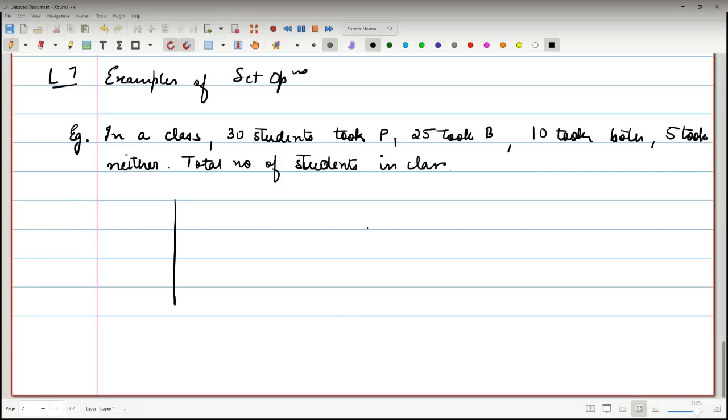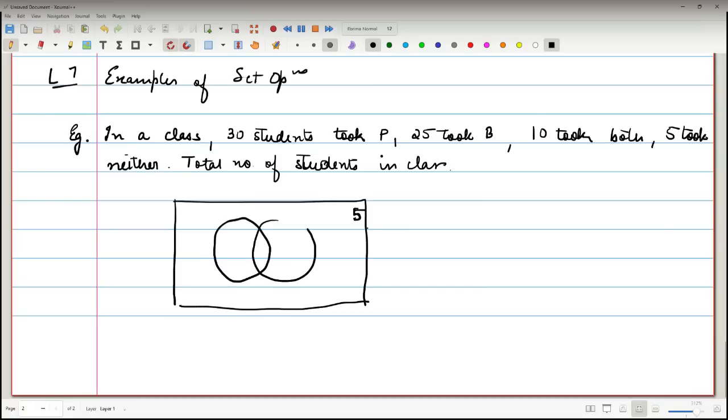For this question, I'll help you understand this. Okay. So this is the total number of students in the class. 5 people have not taken either biology or physics, right? Now we have one Venn diagram for this and another for this. We have two things only, physics and biology.